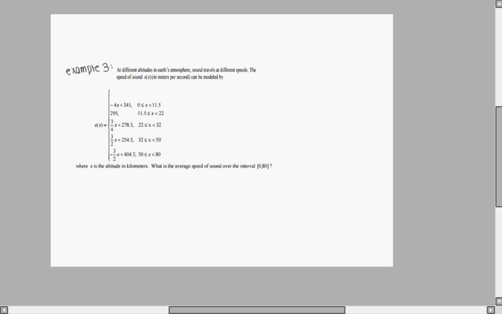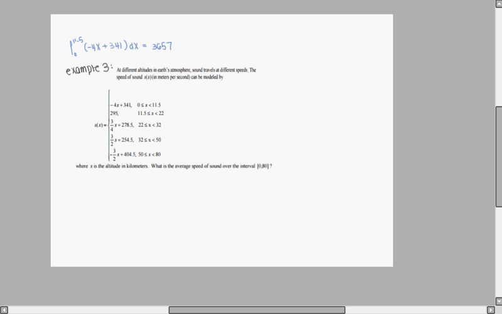So how do we do this? There's multiple equations, there's multiple sections. Well, we're going to take advantage of that fact, and we're going to separately find the area under the curves. So for example, in this first section, it's from 0 to 11.5, and the equation -4x plus 341 is applied there. So we just use that to find the area under the curve there.